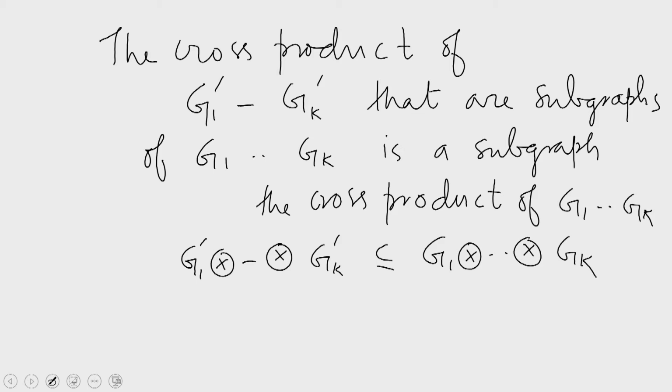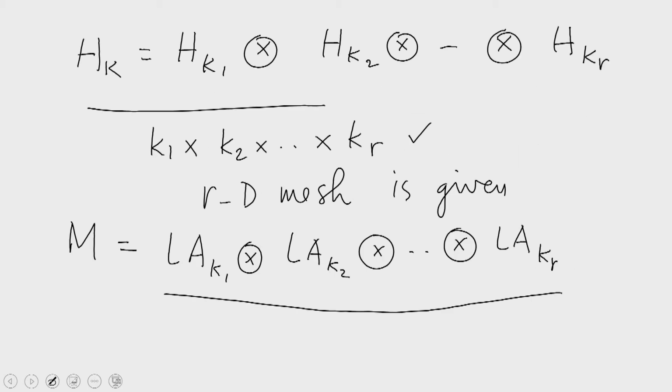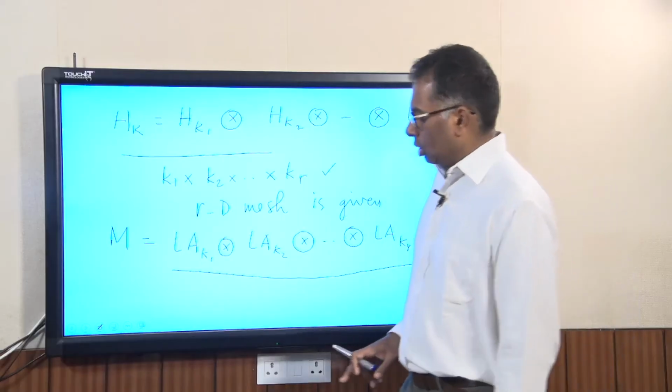So, when we apply the principle here, what we find is that M, which is a cross product of the linear arrays, is a subgraph of HK. In other words, since LAK1 is a subgraph of HK1, LAK2 is a subgraph of HK2 and so on, the cross product of the LAs is a subgraph of the cross product of HK1, HK2, etc. The former is nothing but M and the latter is nothing but HK.